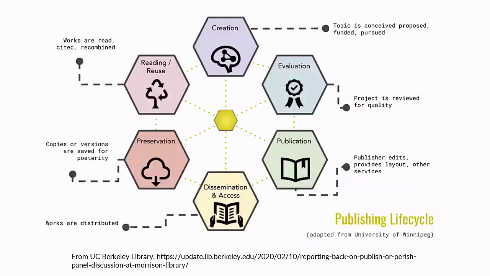I really like this life cycle. It was made by librarians at the University of Winnipeg, and it's been reused by all kinds of libraries. This one, UC Berkeley was using it, and it just guides you through the whole process of publishing. There are research life cycles that focus more on that first point, the creation aspect of it.